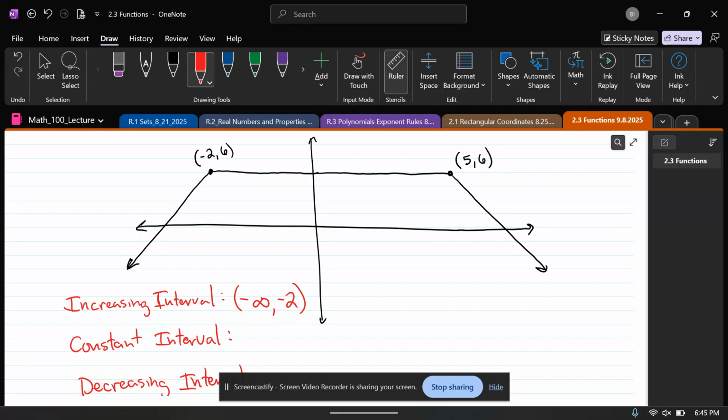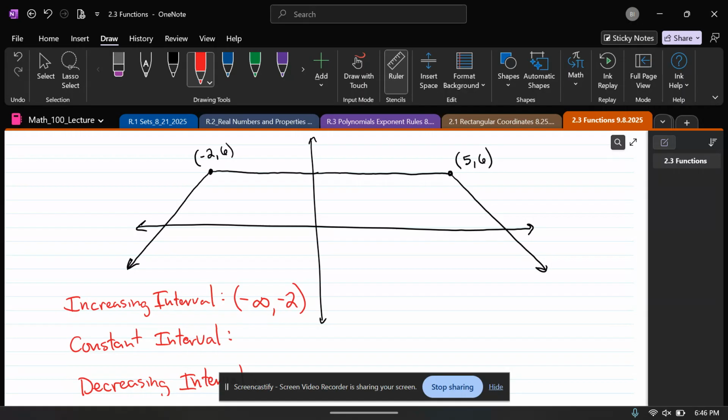The reason you put a parenthesis on the -2 is because you don't know if that point right there is part of the increasing interval or part of the constant interval. It's the in between, right? It's the border. Like this line right here is the border between that side of the room and that side of the room. You don't know which one you're on, so you can't count it as part of that side. So we put a parenthesis.